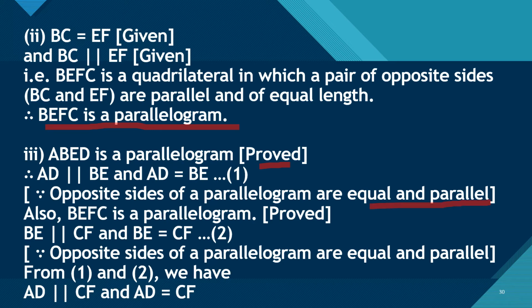Also BEFC is a parallelogram, as proved. So BE is parallel to CF and BE is equal to CF. This is equation 2. Opposite sides of a parallelogram are equal and parallel. Now from 1 and 2 we have AD is parallel to CF and AD is equal to CF.